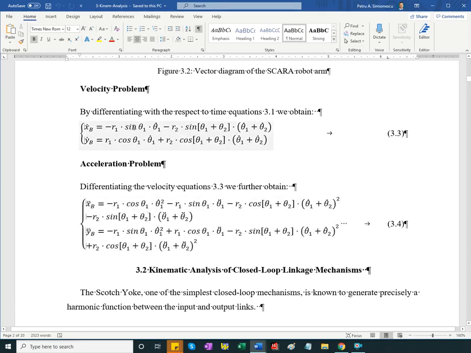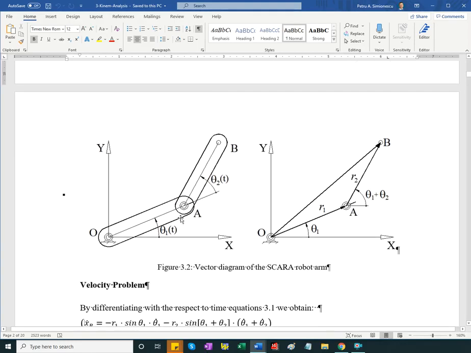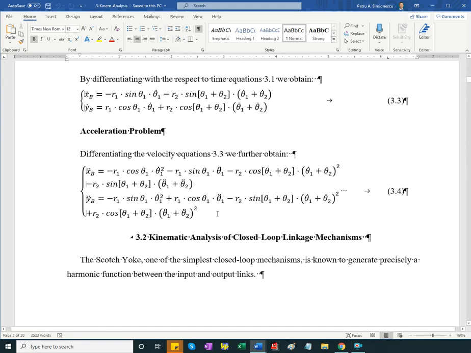And so sine turns to cosine, theta 1 dot gets multiplied one more time, theta 1 dot, and then for the second we have R1 sine theta 1 double dot, like right there. So theta 1 double dot is the angular acceleration of the input motor. Again, we assume these to be smooth functions of time, and it means that their derivatives exist. Of course, they could be zero.